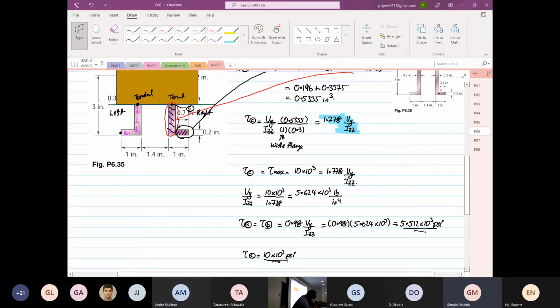So if Q max is there but the thickness is very small, your stress can increase, right? You understand, yes or no? Okay, I'll give you an example.